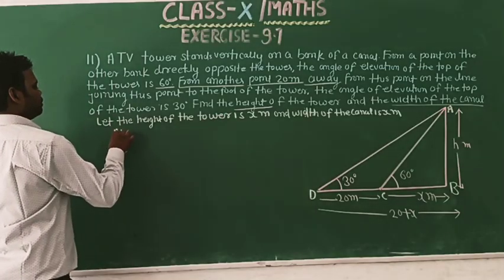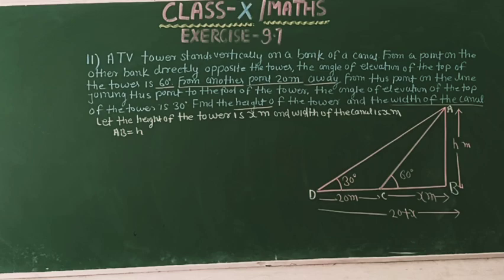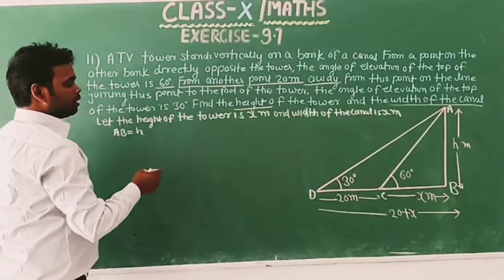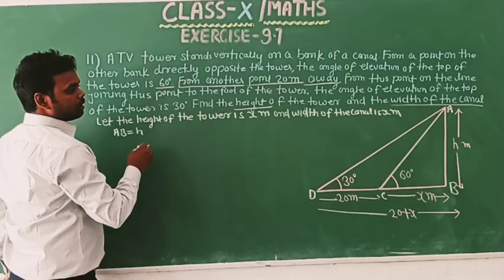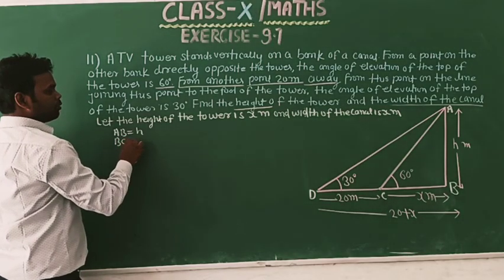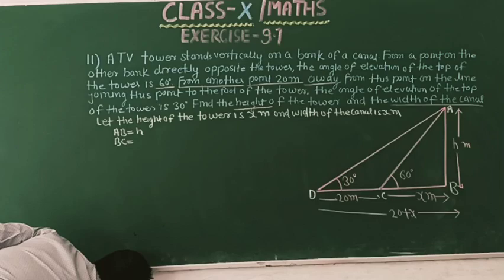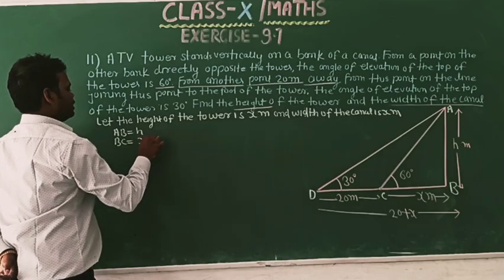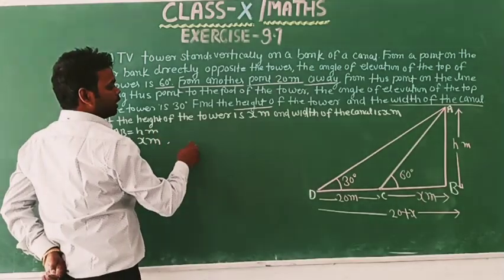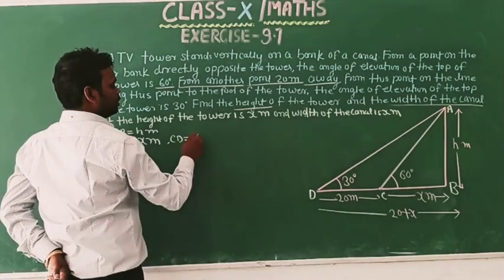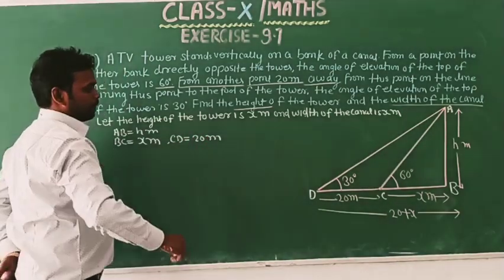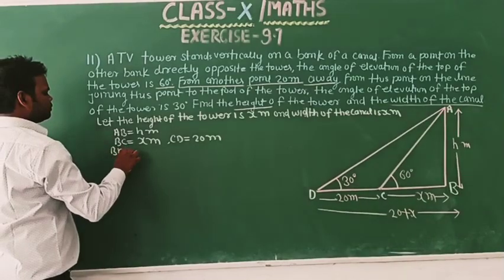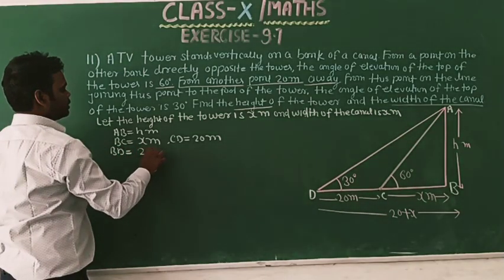Given AB is the height h, BC equal to x meter, CD equal to 20 meter, and the whole distance BD equal to 20 plus x.